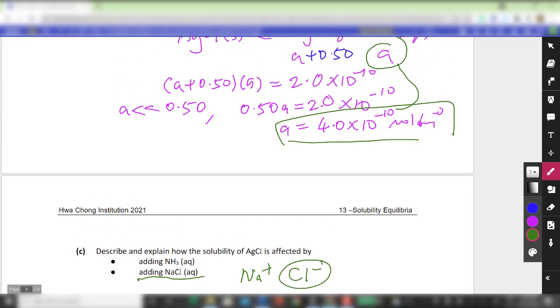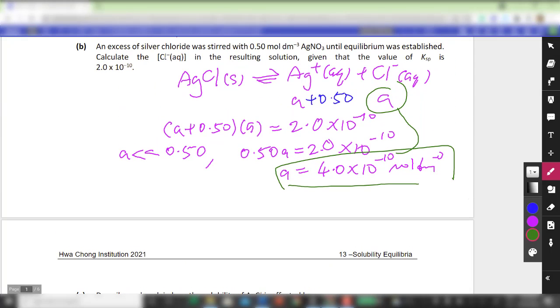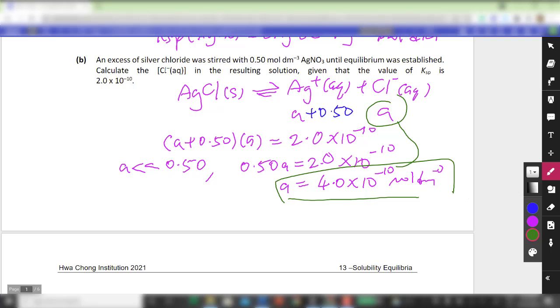And chloride is actually a common ion in silver chloride dissolution. So the addition of sodium chloride will suppress the dissolution of silver chloride, making silver chloride less soluble.